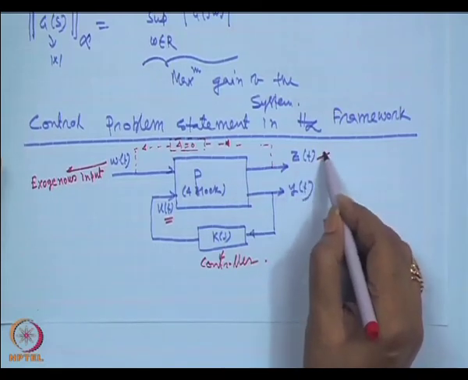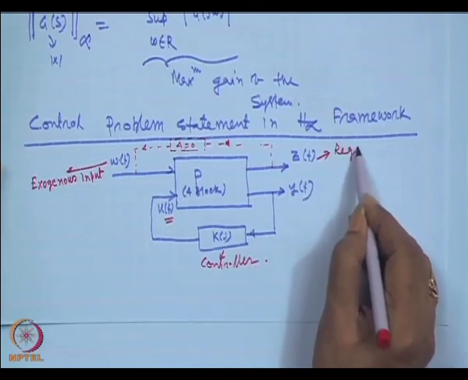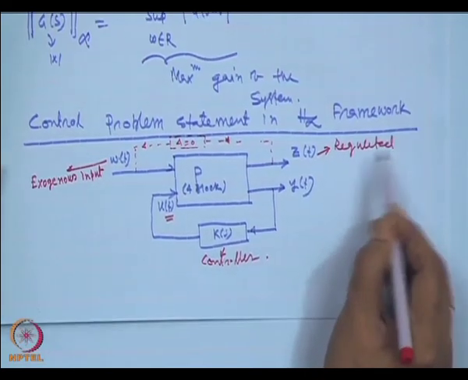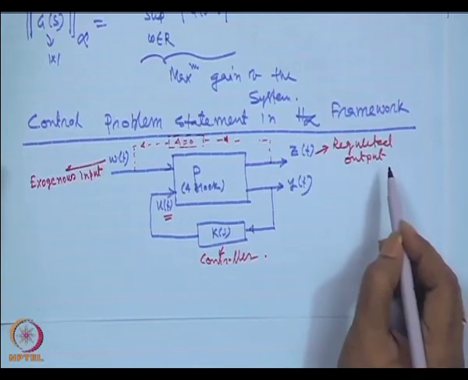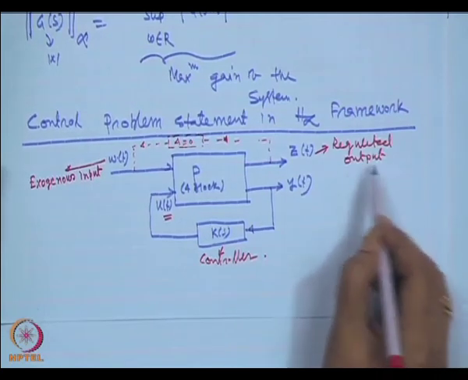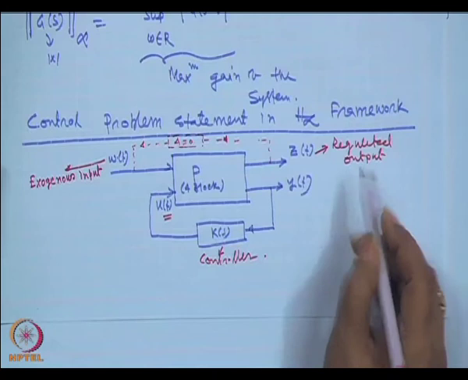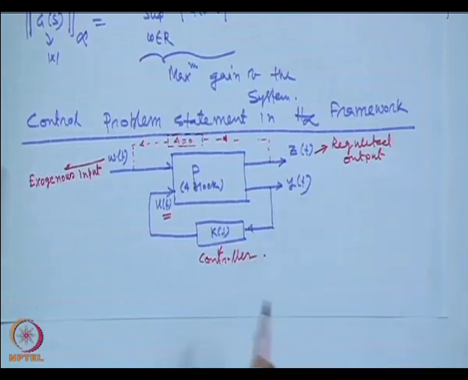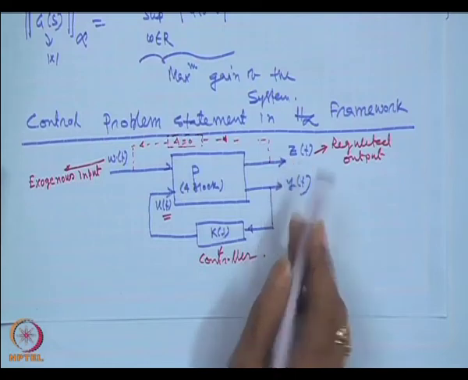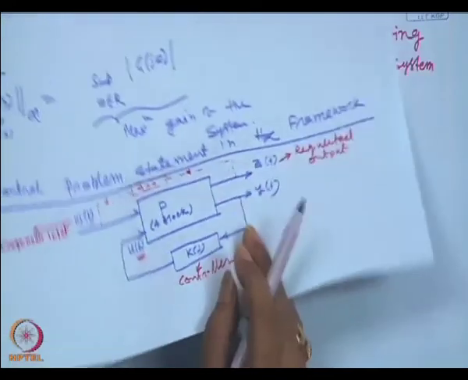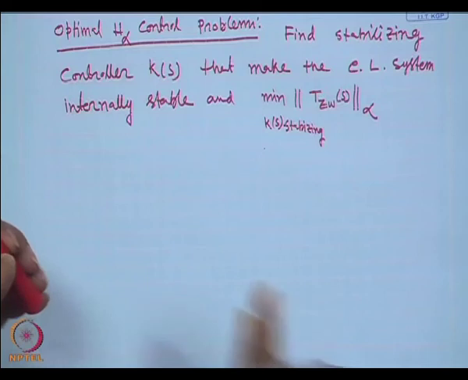This is the regulated output, nothing but the states, error signals, and the control signals. The effect of W on Z, that you have to minimize. So, if you minimize the transfer function, then it is internally stable and minimizes the H infinity norm of the transfer function. What is the transfer function?